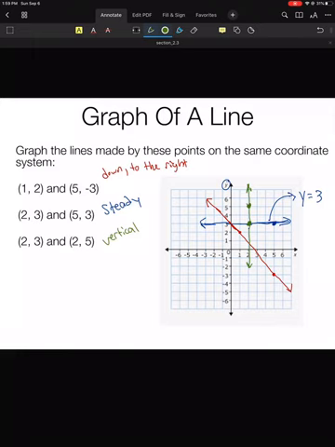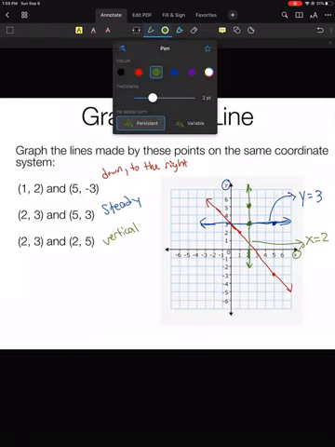For a vertical line, we would write this as x equals 2, because we're on the x-axis and x stays 2 the whole time, no matter what y value I have. Those are 2 important things to keep in mind for horizontal and vertical lines.